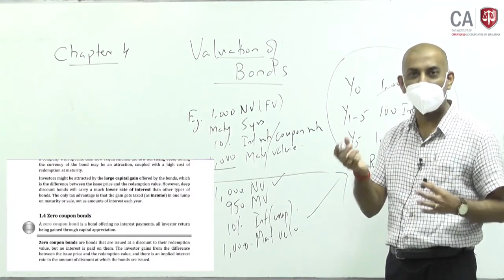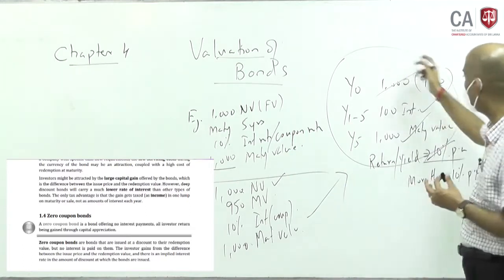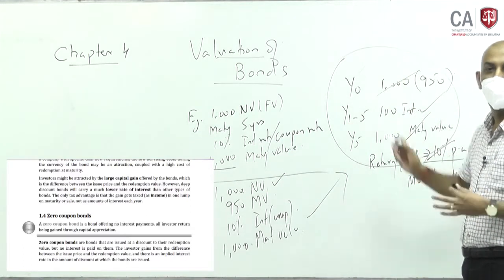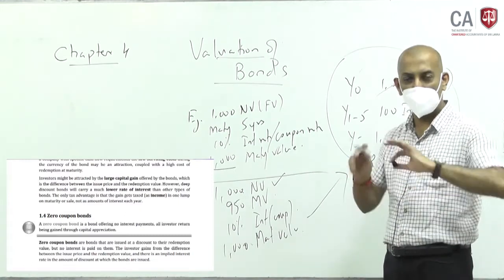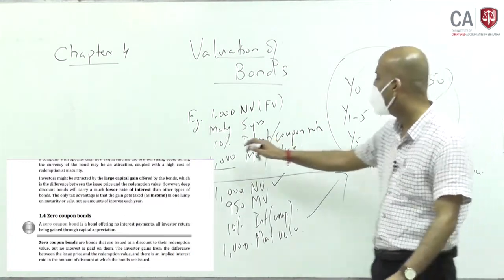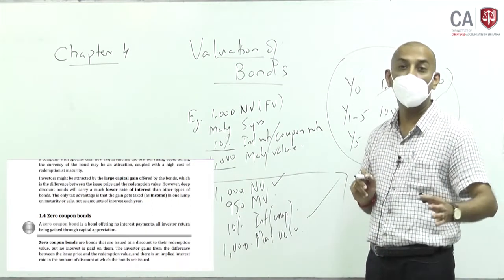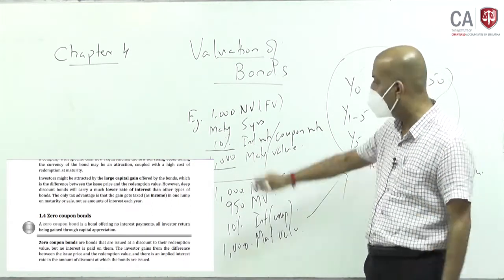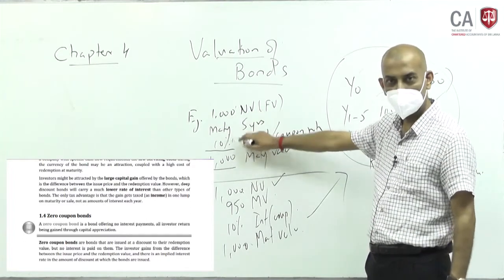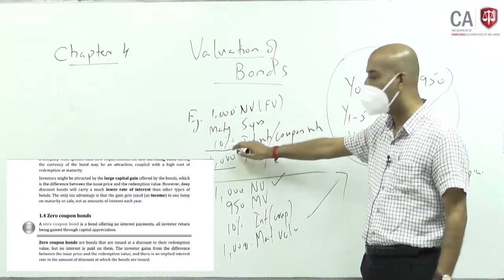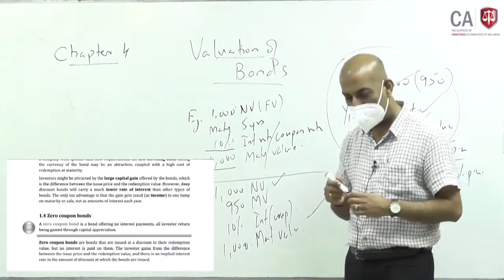Yield is the actual return of the instrument. That is IRR, you have to calculate based on these cash flows. Coupon rate is simply what is on the face of the document where they say 10%. That's what they pay you annually or half-yearly based on the nominal value. So keep that in mind.